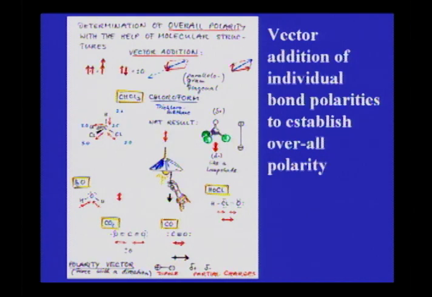The determination of the overall polarity has to be performed in such a way that every bond receives a polarity vector, and then you have to do a computation by combining these vectors and getting so-called resultants, and in the end you get one resultant vector, and that will be the overall polarity of the molecule.